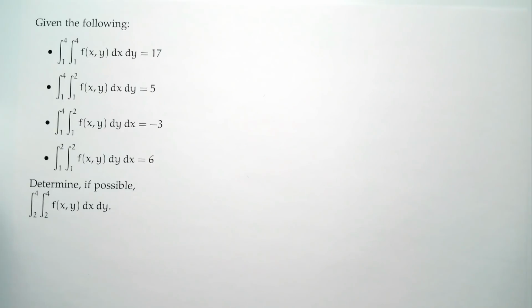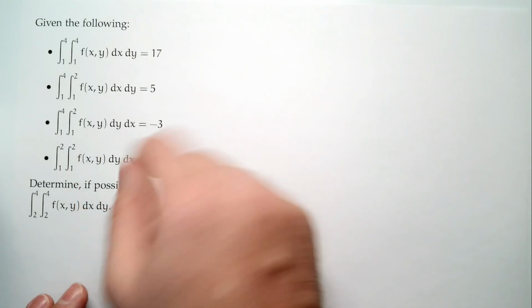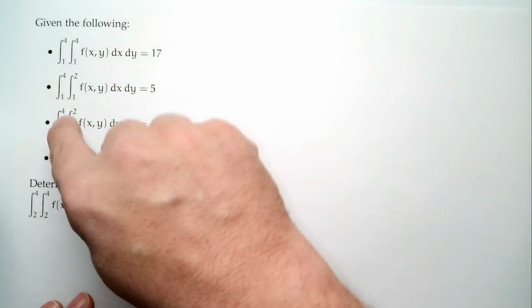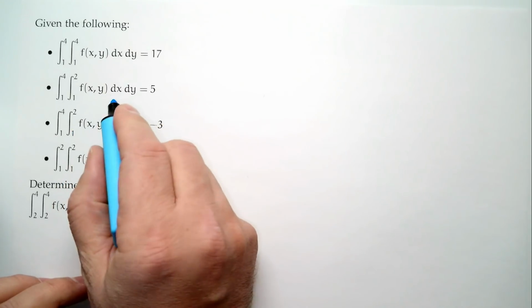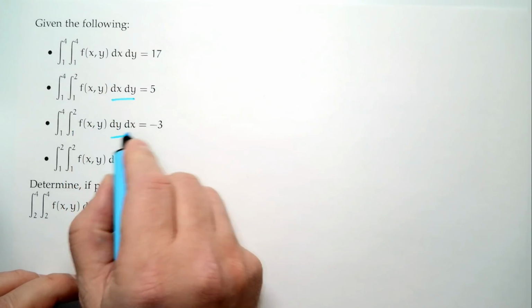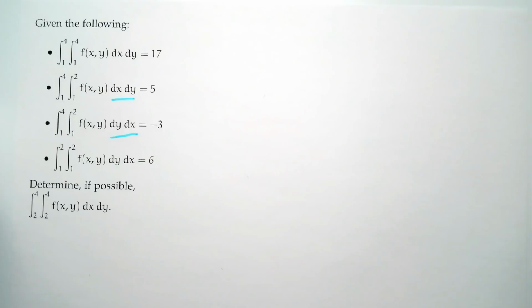Now if you weren't careful here, you might say, wait a second, hold on, stop there. Aren't these the same integral? 1 to 4, 1 to 2? How are we getting different numbers? Yeah, they're not the same integral because of dx dy versus dy dx.